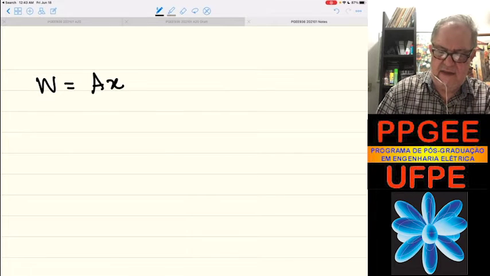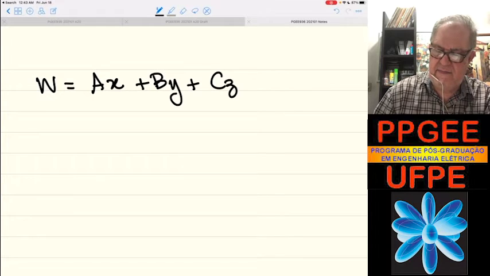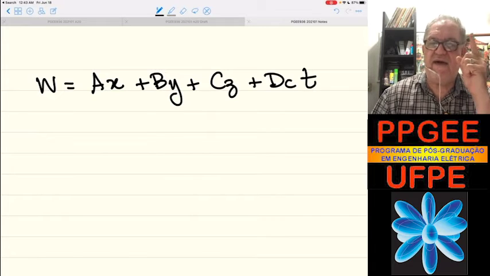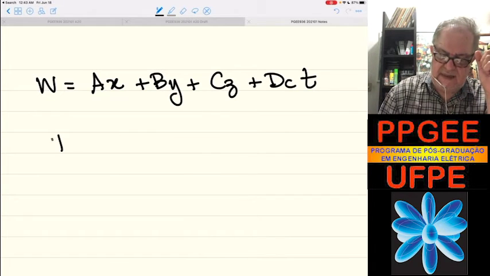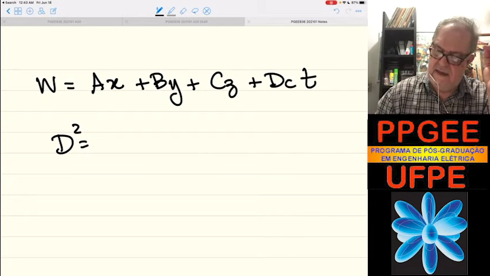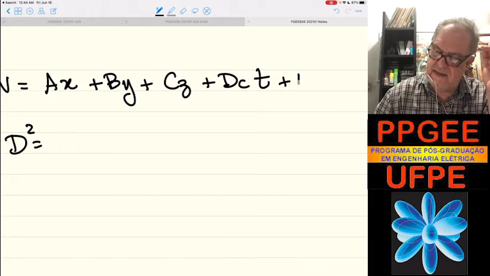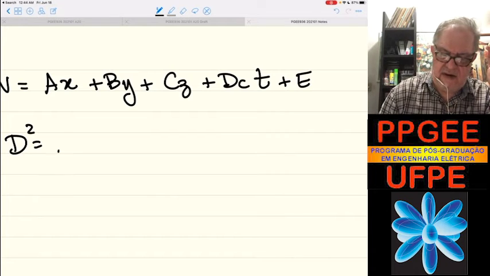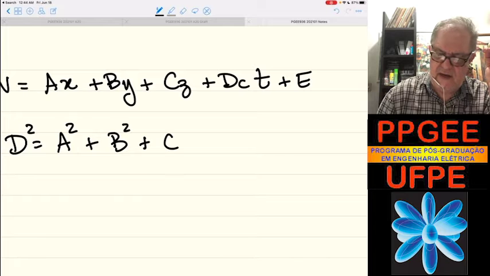AX plus BY plus CZ plus dC times T, provided that D square is the sum, right? There's another constant here, but that's not going to be important, in fact. D square equals A square plus B square plus C square.